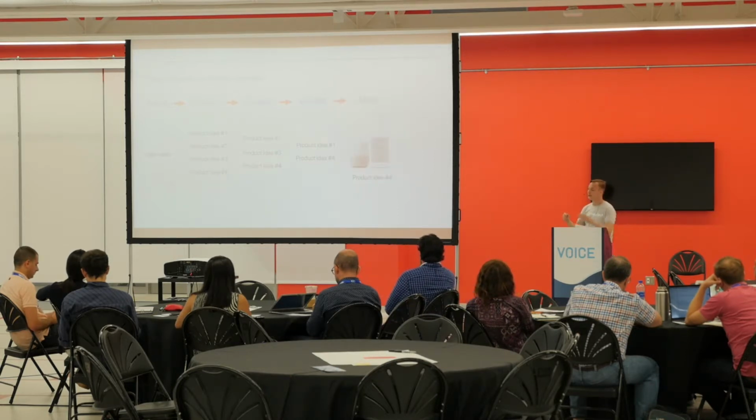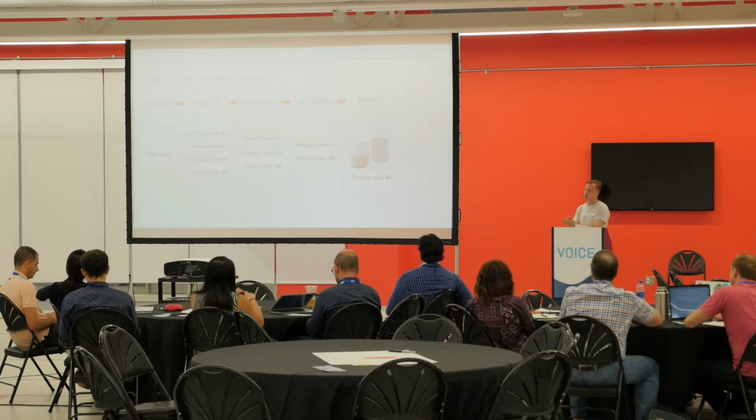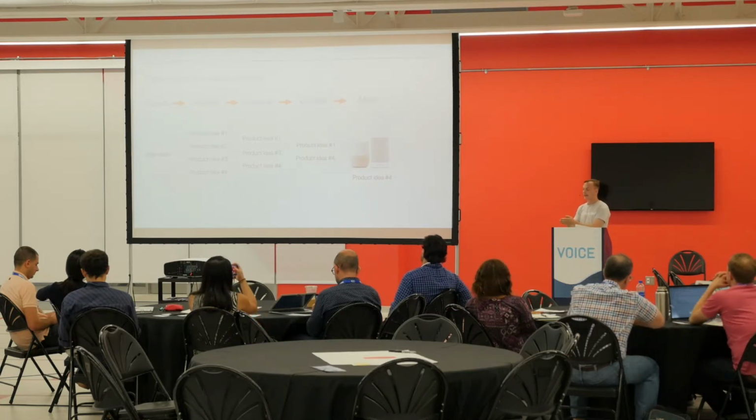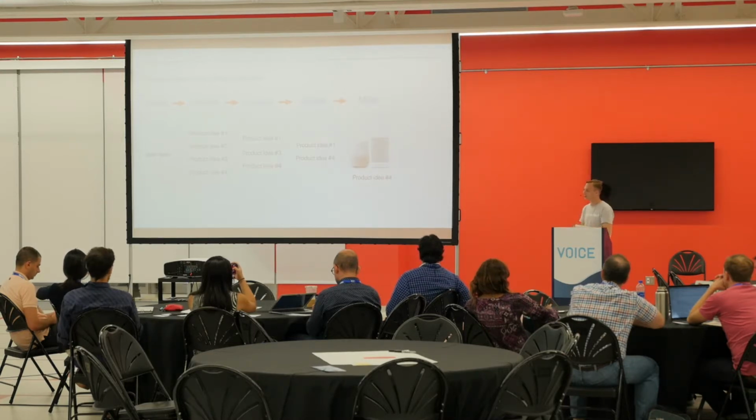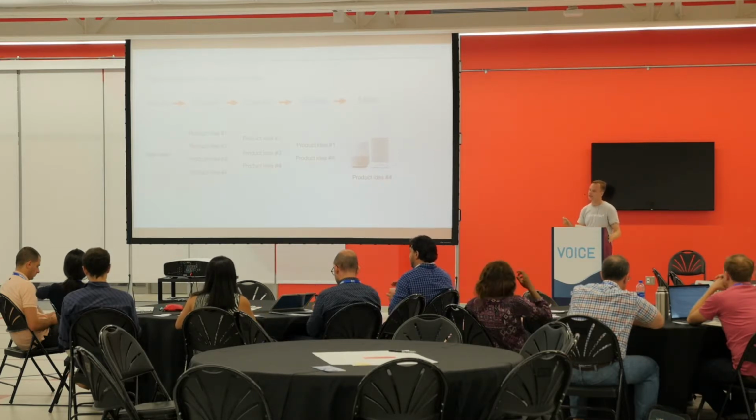After this, once we've narrowed down, we're going to end up with a product idea that we see as a minimal viable product. So we're going to have a good definition of what our value proposition is, as well as a refined design that we can go ahead and build and release into the market.